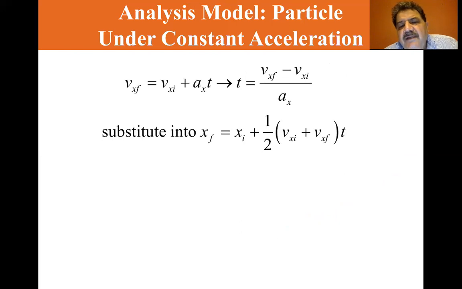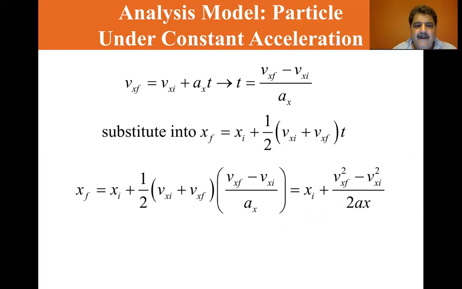Let's solve for t, which equals (vxf minus vxi) over a. If we substitute into xf equals xi plus 1/2 (vxi plus vxf) t, we get x final equals x initial plus 1/2 (vxi plus vxf) times (vxf minus vxi) over a.